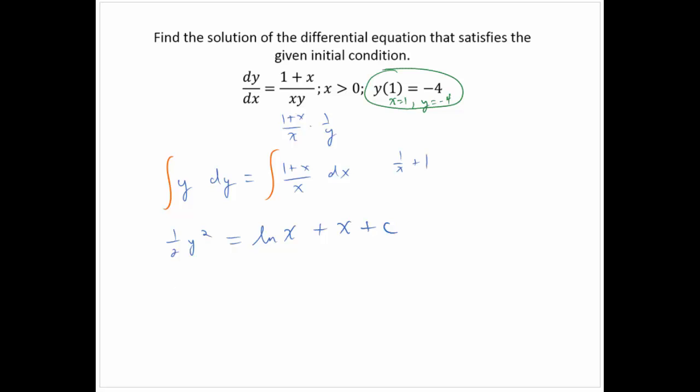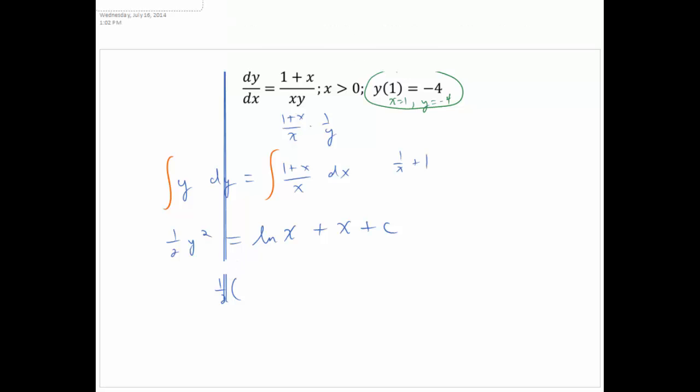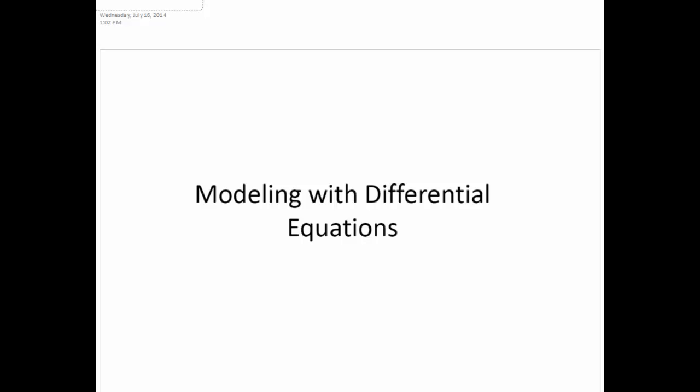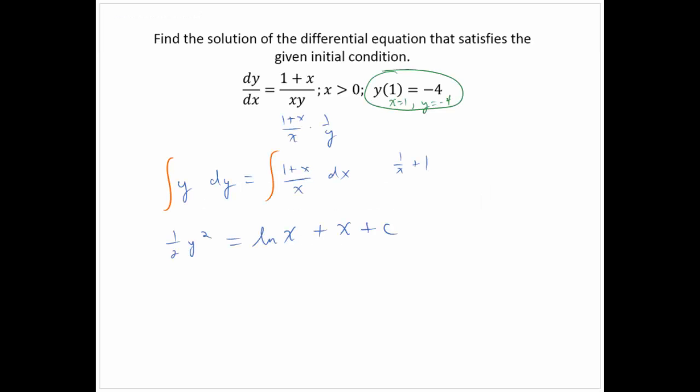So I would now have 1/2 of negative 4 squared is equal to natural log of 1 plus 1 plus c, and I can solve for c.